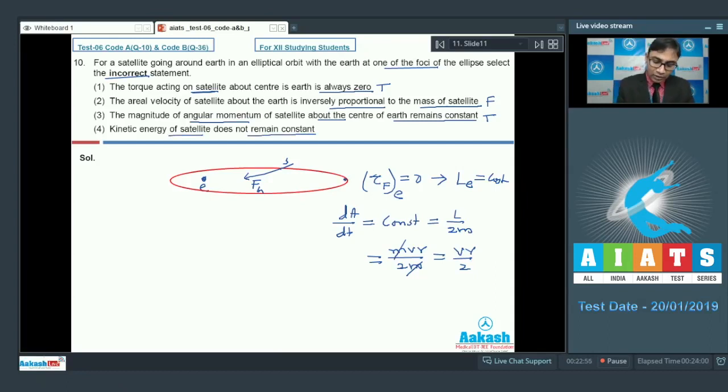Since the distance is increasing and decreasing, the product of velocity and distance remains constant. If the distance increases, velocity will decrease, and if the distance decreases, velocity will increase. So the speed of the satellite will not remain constant, and the kinetic energy of the satellite does not remain constant. So this is also a true statement. From this we can say that option number 2 will be the correct choice.